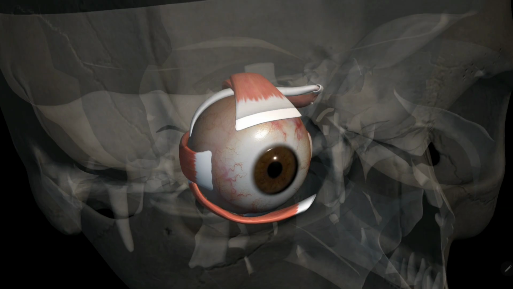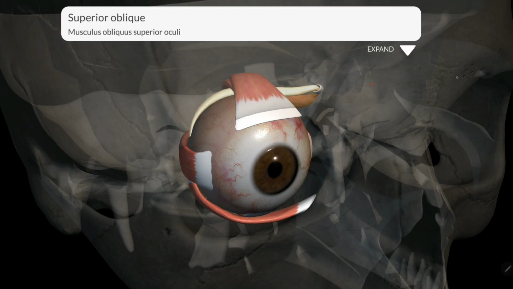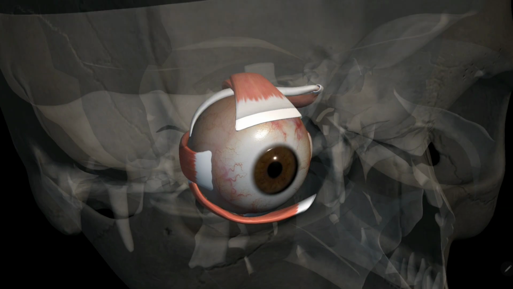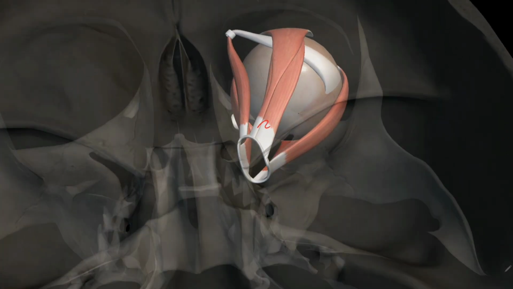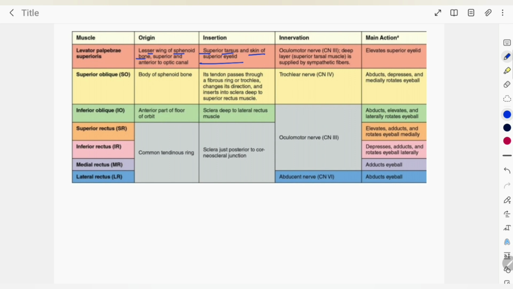Here, the superior tarsus is not visible, but the insertion of the levator palpebrae superioris is on the superior tarsus. And as for the origin, you can see here it is from the lesser wing of sphenoid bone.